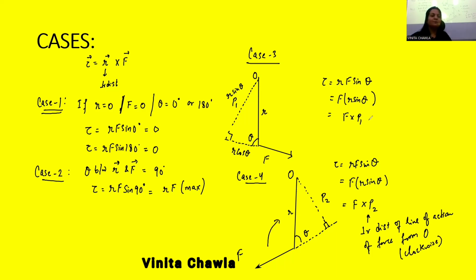And here, what is P1? P1 is the perpendicular distance of the line of action of force from O, but here it is anti-clockwise.